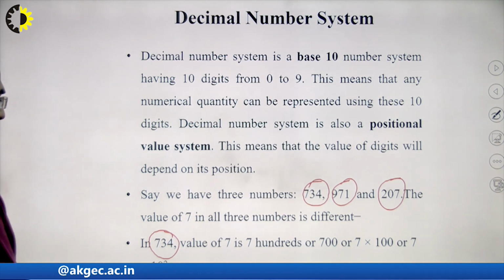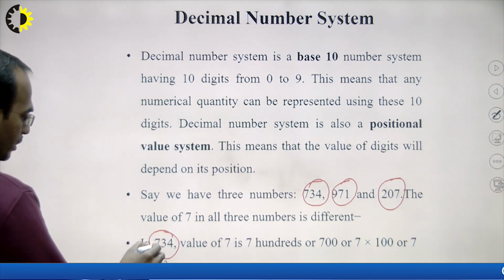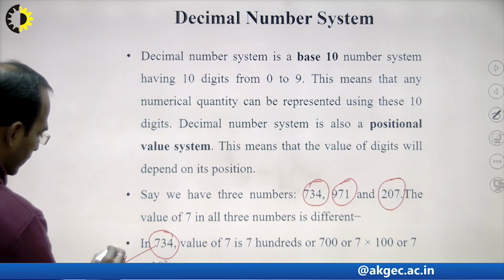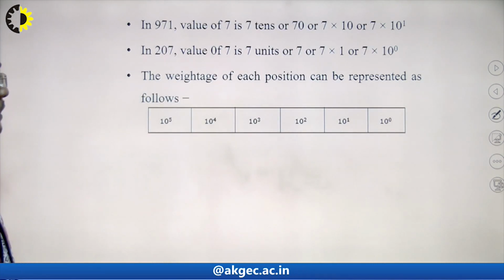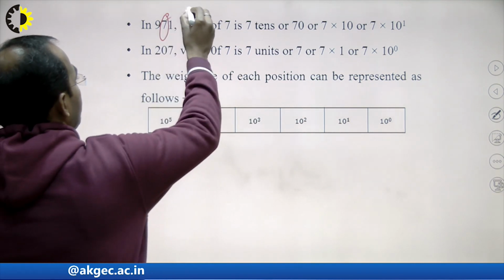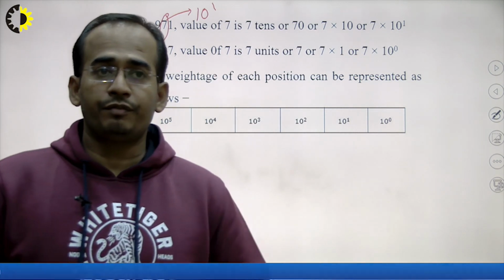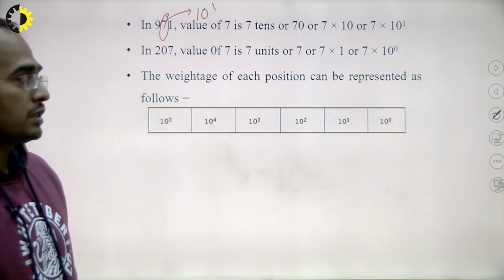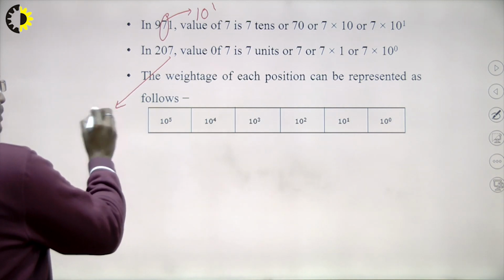This 7 is at the hundreds position, and its weight will be 10 to the power 2. Similarly, for 971, the weight of the 7 is 10 to the power 1. Similarly, for 207, the weight of this 7 is 10 to the power 0.